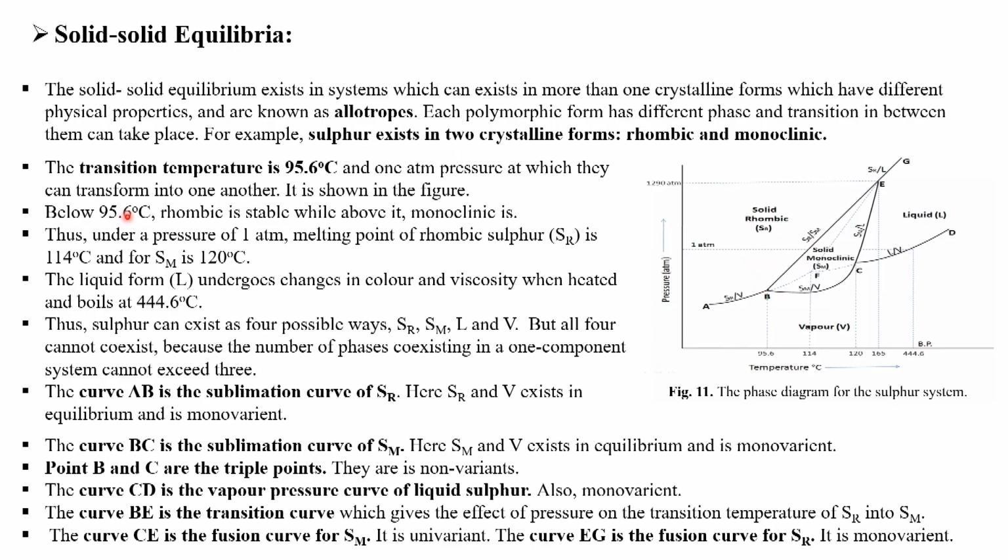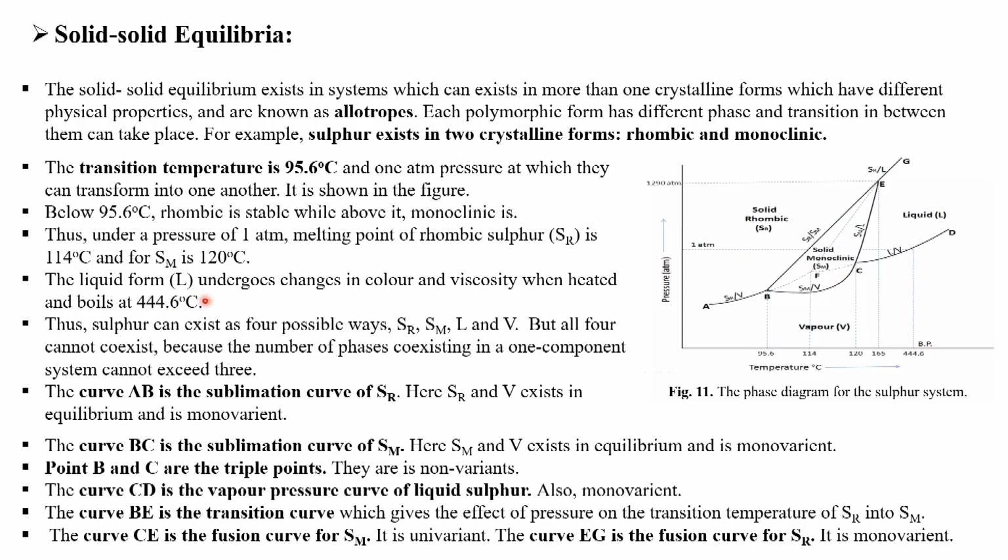Below 95.6, rhombic is stable, while above it monoclinic is stable. Thus, under a pressure of 1 atmosphere, the melting point of rhombic sulfur is 114 degrees Celsius, and for monoclinic it is 120 degrees Celsius. So, this is 120 and this is 114.